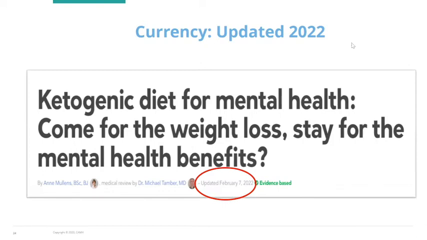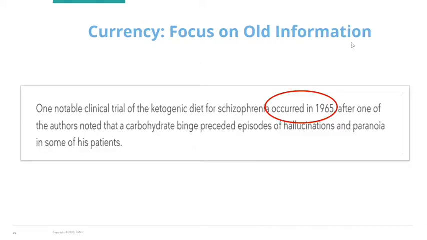However, if you scroll down to a lot of the evidence of the medical studies that they are citing, they are not current. Citing a study from 1965 as evidence means that they're giving information that's almost 50 years old.